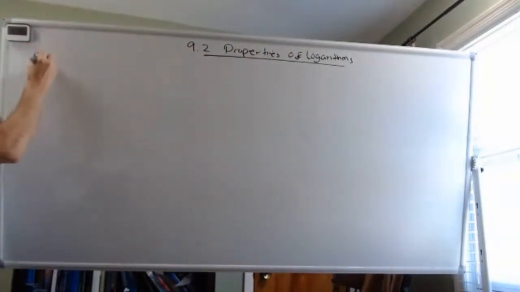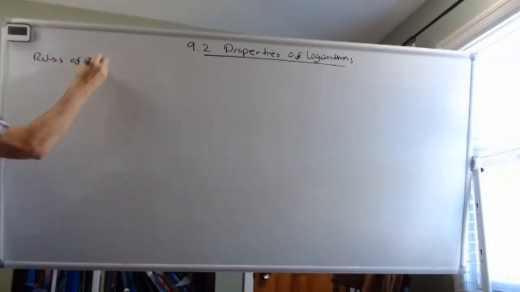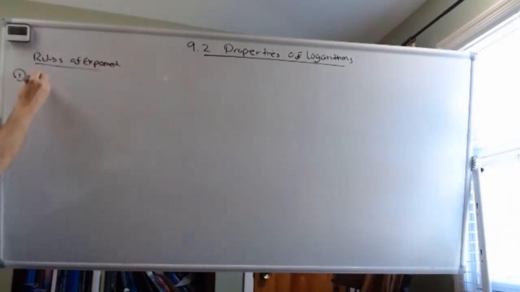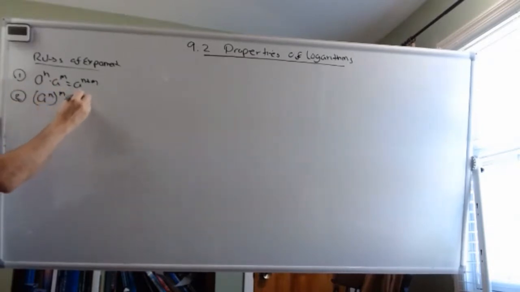So if I just put them over here, there are analogous rules for logarithms as there are for exponents. Remember, we had a to the n times a to the m is a to the n plus m, a to the n raised to the m is a to the n times m.